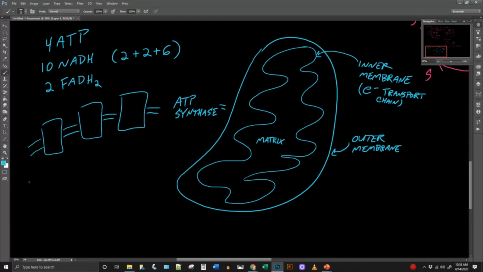So NADH is going to donate its electrons to the first pump in this chain. FADH2 adds its electrons onto a slightly later step.